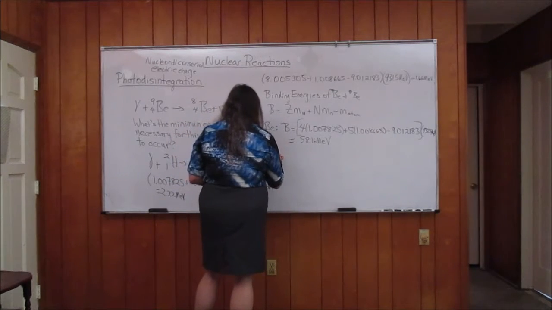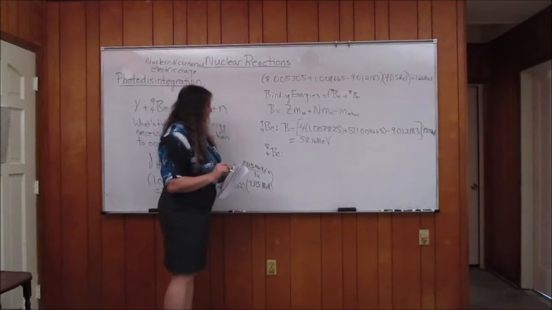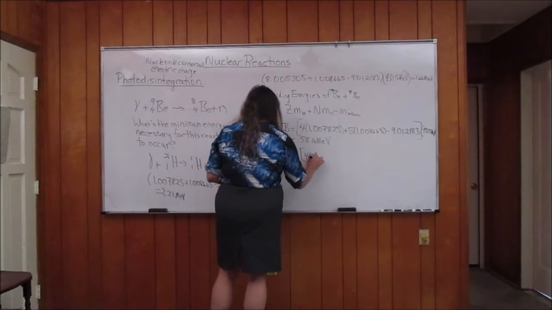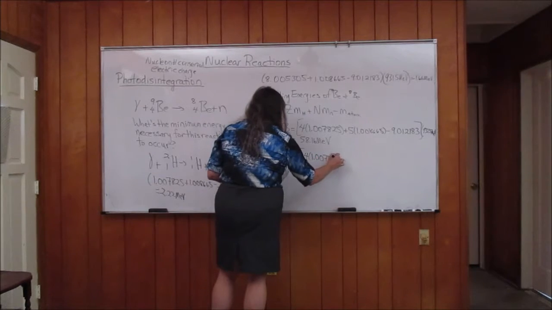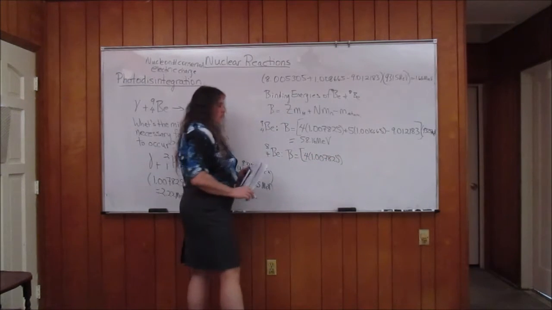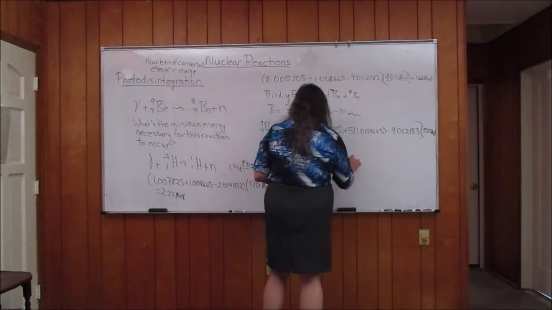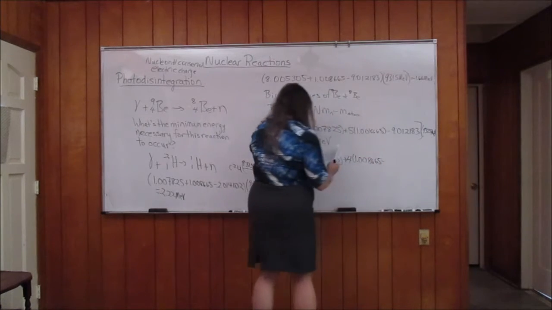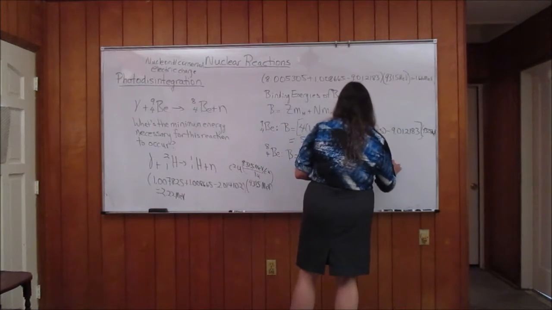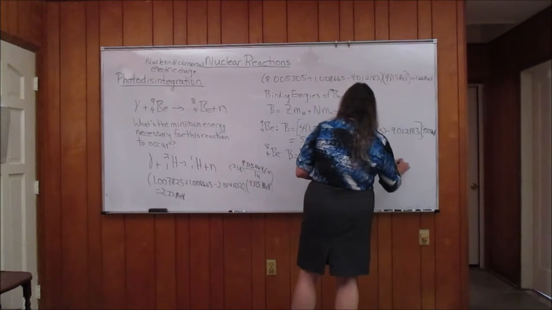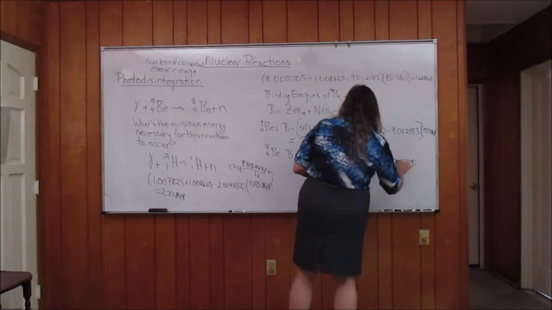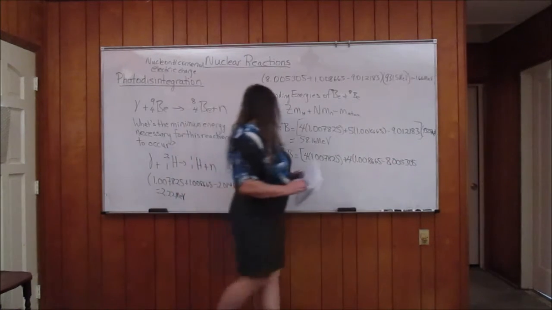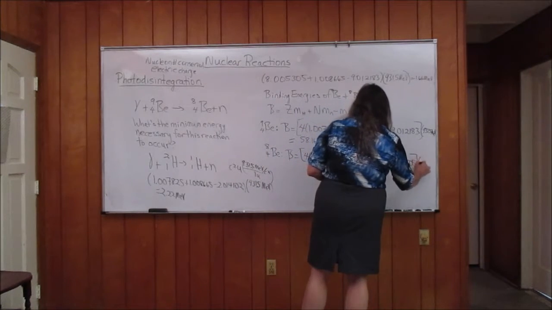I do the same thing for the unstable nucleus, beryllium-8. That's 4 times 1.007825 plus 4 times 1.008665 minus 8.005305 for the mass of the beryllium-8 atom.